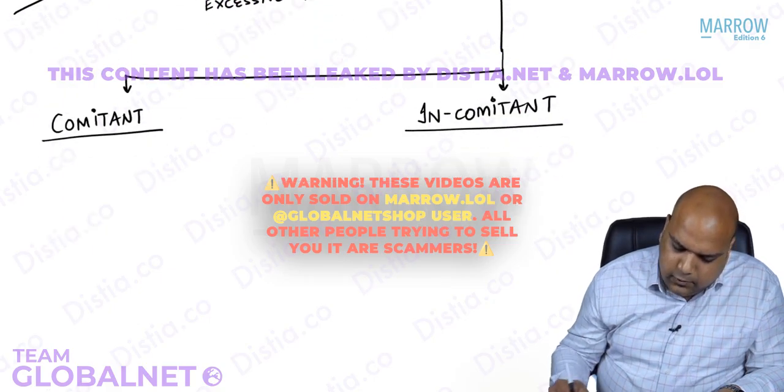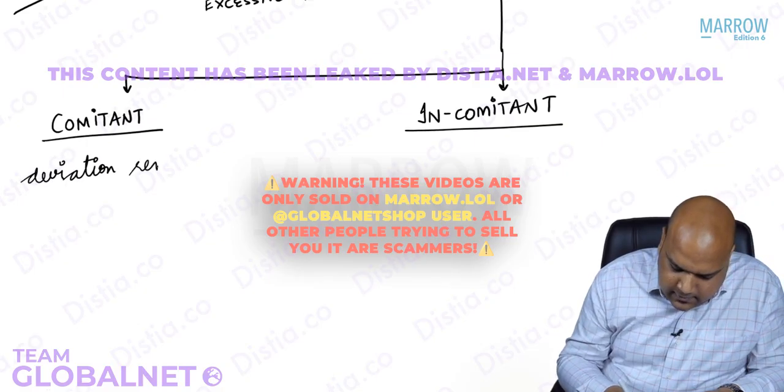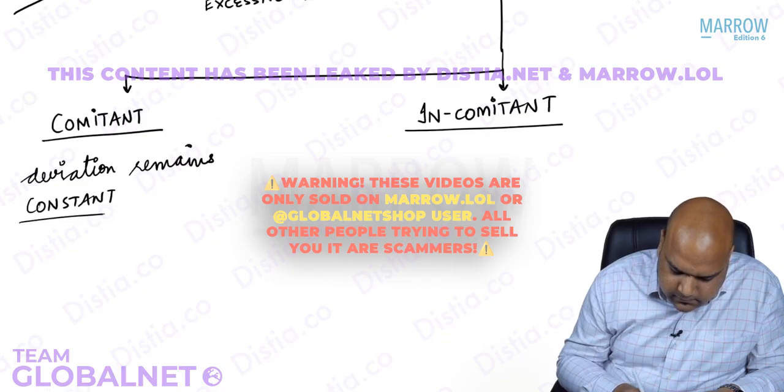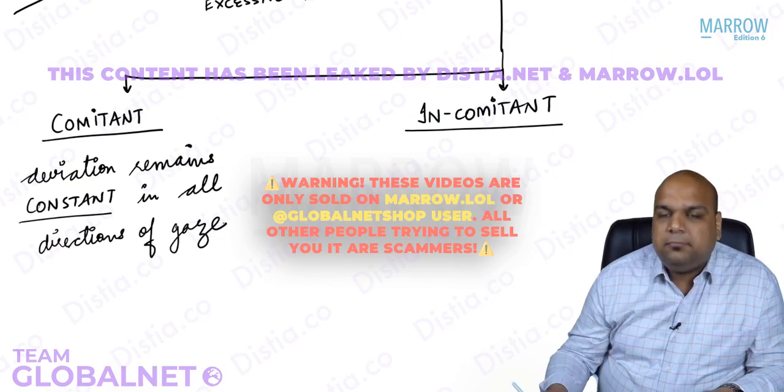What is comitant and what is incomitant? Comitant squint is when the deviation remains constant in all directions of gaze.